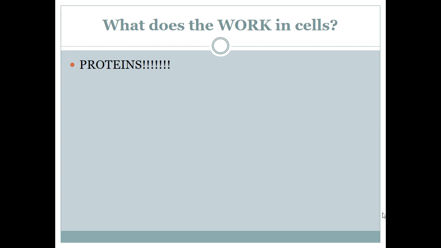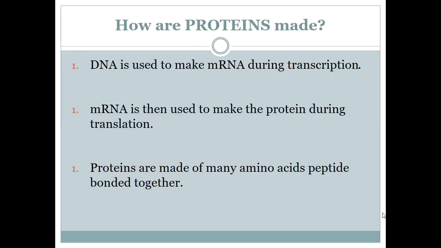So, to recap, we know that proteins do a large amount of work in the cells. The ultimate goal of our cells is to make proteins. We know that proteins are made through a process called protein synthesis. The first step of protein synthesis is transcription. Transcription happens in the nucleus where DNA is going to synthesize mRNA. Once that mRNA is synthesized, the mRNA will leave the nucleus and go to the ribosomes, where it will then go through translation.